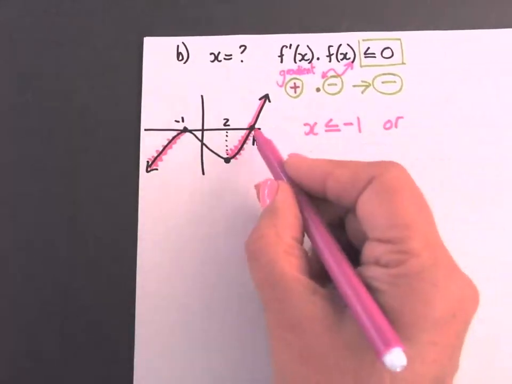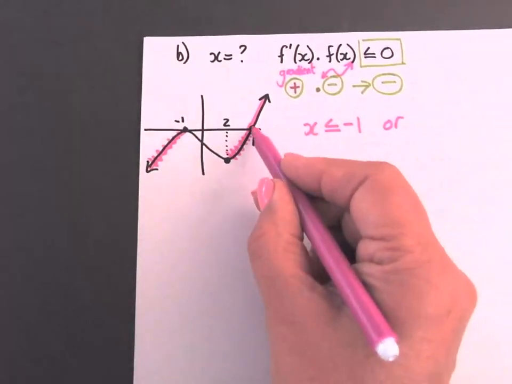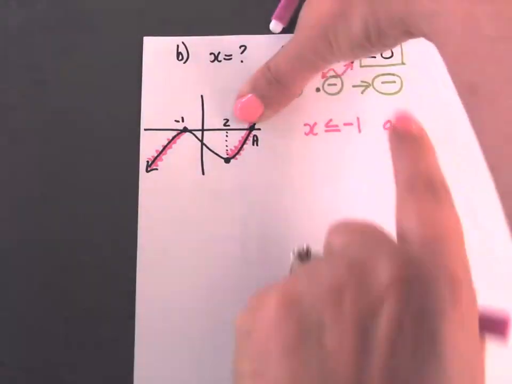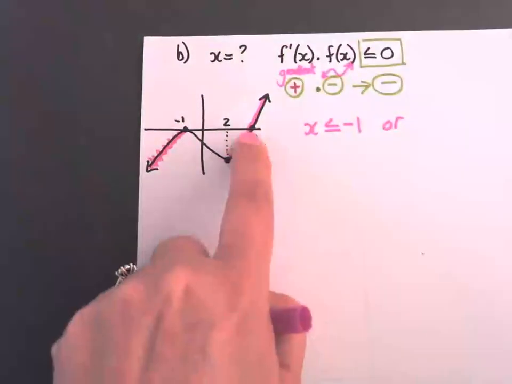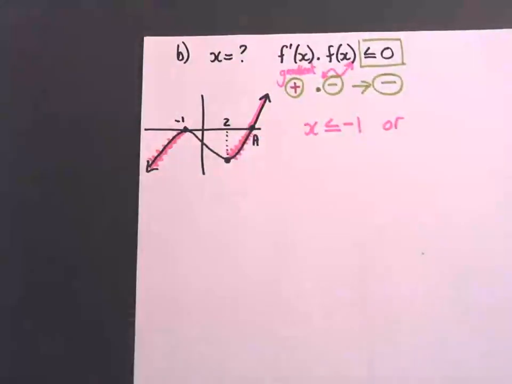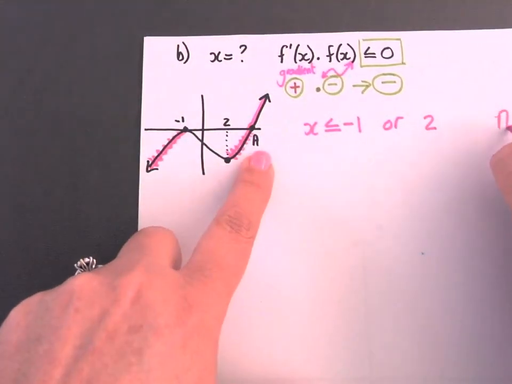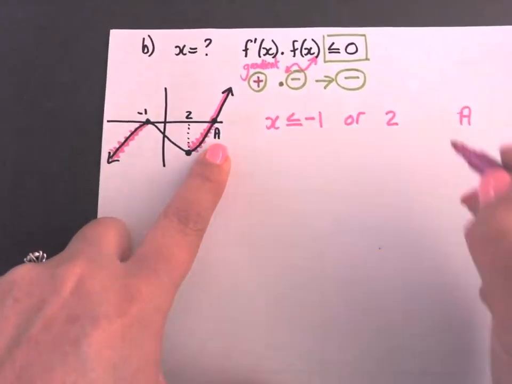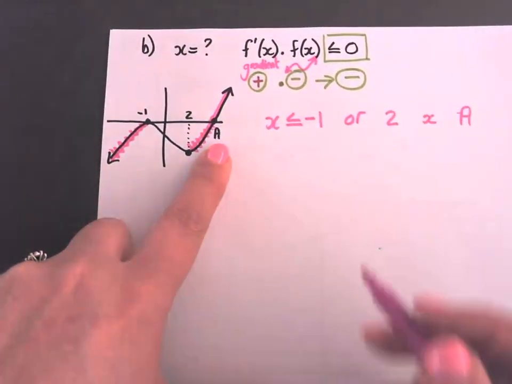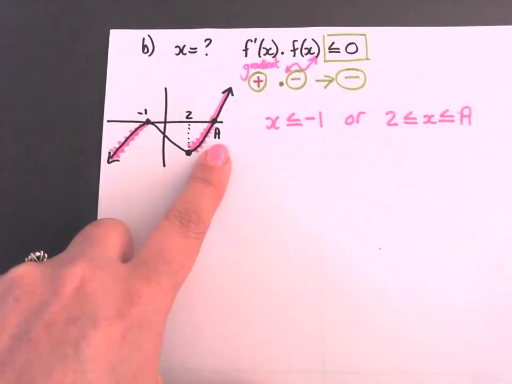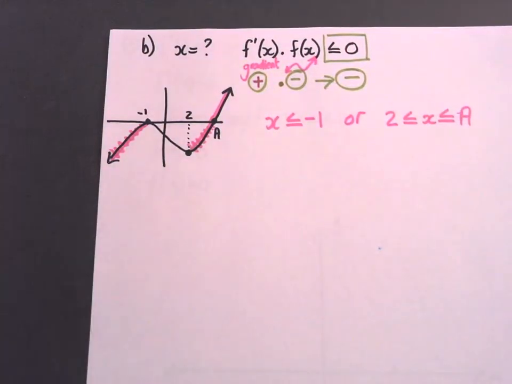No, it's not infinite because it stops there. There, only there, the picture is negative. Okay, so we have to stop there. So it's between 2 and A. Between means the x must be in the middle, and it's smaller or equal. So that's my first part.